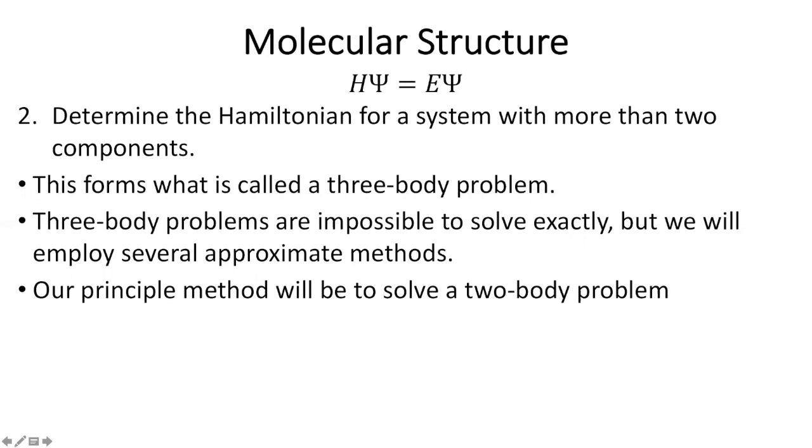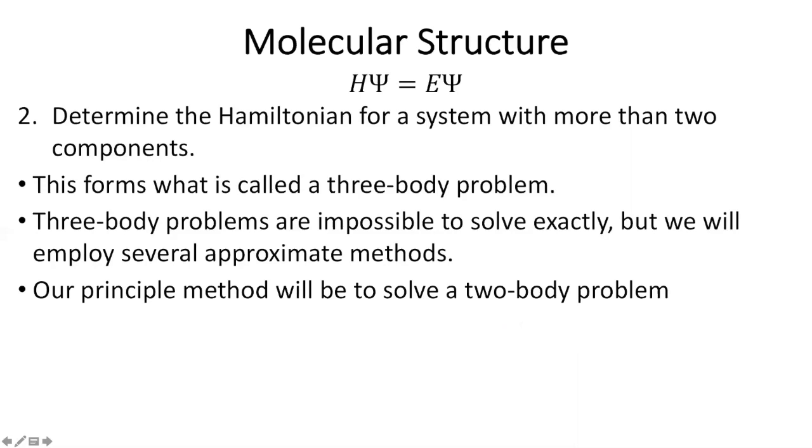So either I can solve a single two-body problem, which essentially will be constructed by taking my multi-body problem and then dropping some terms, forgetting about some things, so that it looks like a two-body problem if I squint real hard. And then I solve this two-body problem.